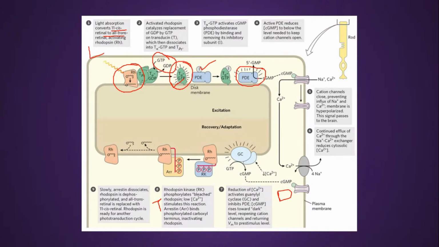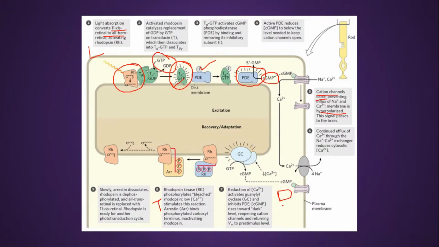Once active, your second messengers will be degraded. Once the second messengers are degraded, your cation specific channels will close, and whatever ions are present inside will go outside. This leads to a hyperpolarization event. This is what happens during the light condition.